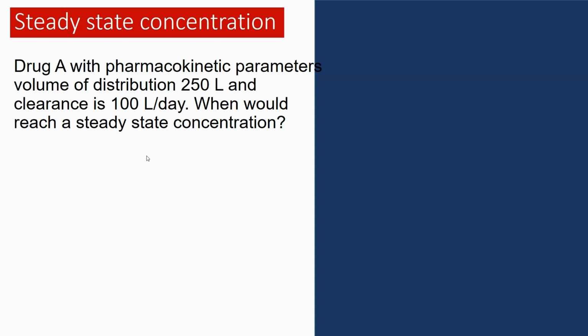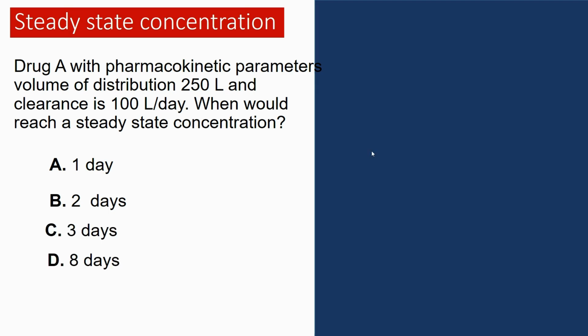Drug A with pharmacokinetic parameters: a volume of distribution 250 liters and clearance is 100 liters. When would it reach steady state concentration? So the question is asking how long it takes to reach steady state concentration. Our answers are A, 1 day, B, 2 days, C, 3 days, D, 8 days.